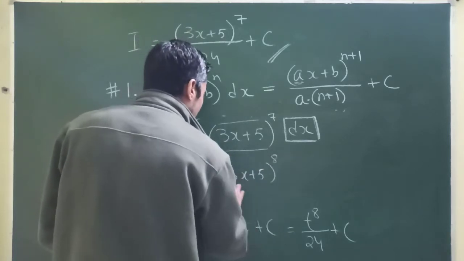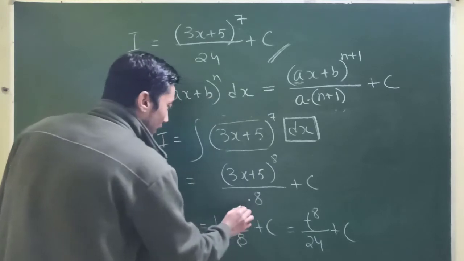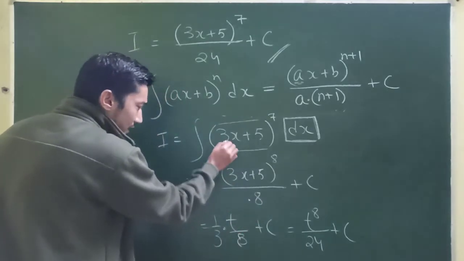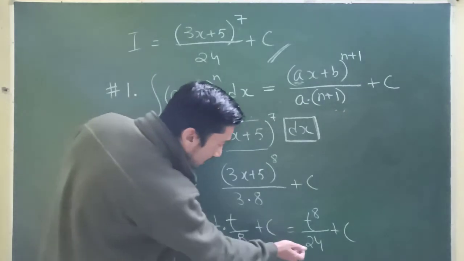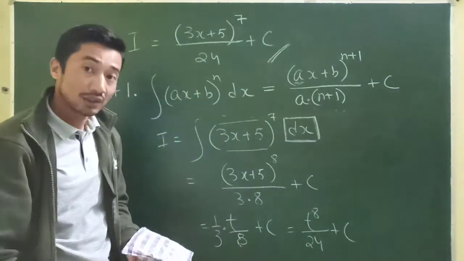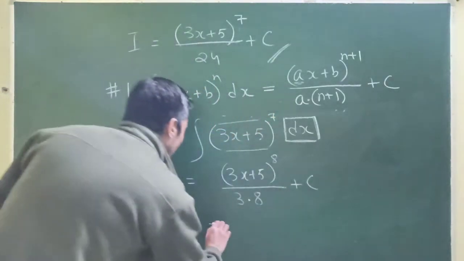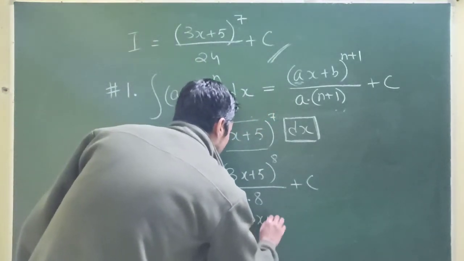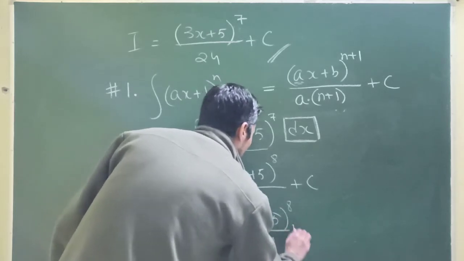8 plus 1, 8 divided by 8 plus 1, 8 plus c, and divide by the coefficient of x, 3. Don't we have it? 3 8s are 24. It's the same. So that's how you can complete (3x plus 5) whole power 8 by 24 plus c.